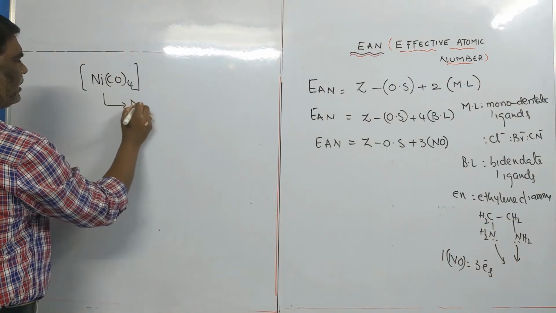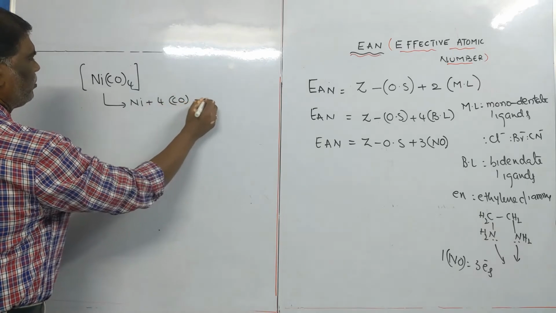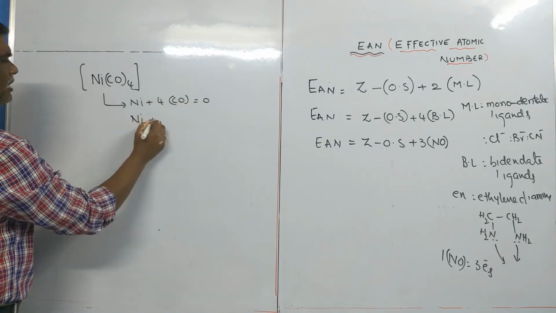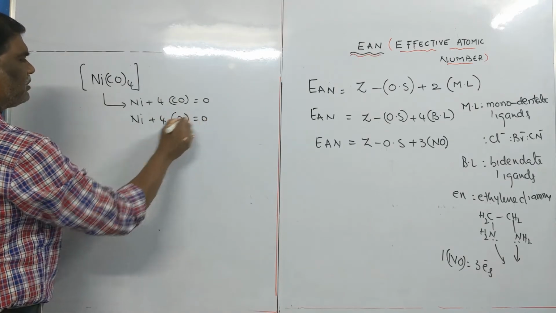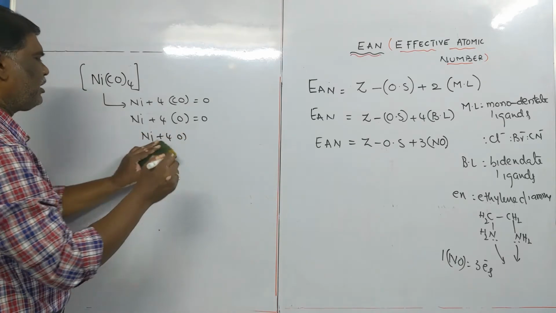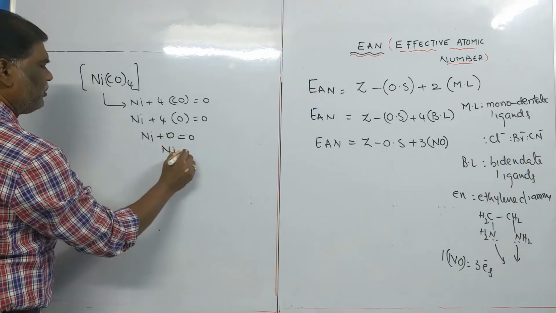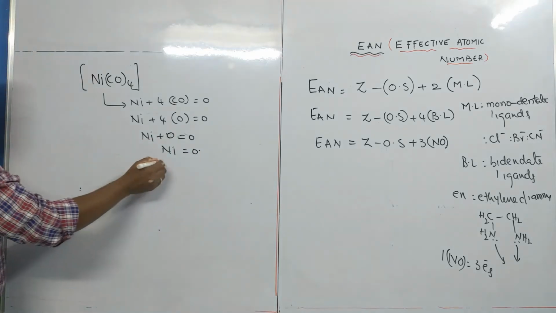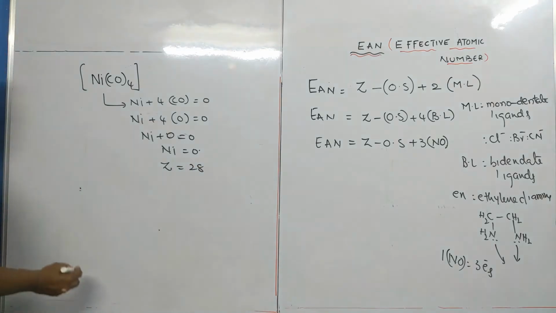Nickel plus 4 into carbon monoxide equals 0. Carbon monoxide is a neutral ligand, so its charge is 0. Nickel plus 4 into 0 is 0, so the nickel oxidation state is 0. The atomic number of nickel is 28.